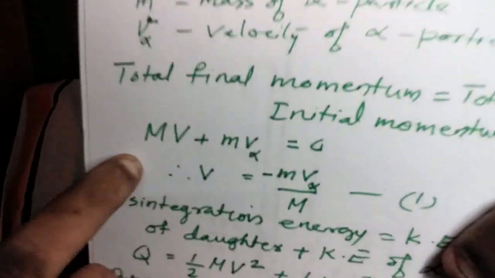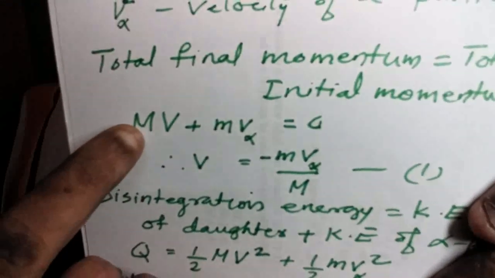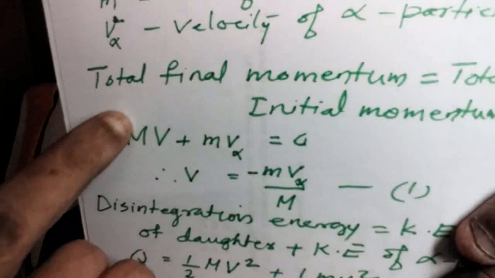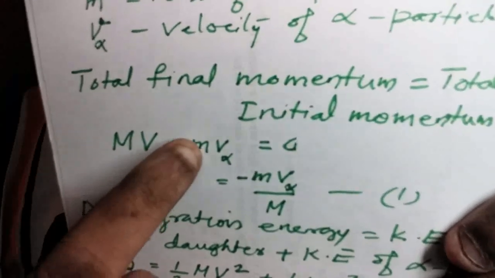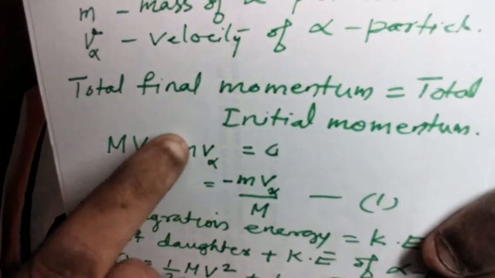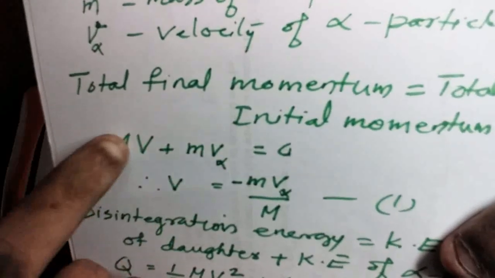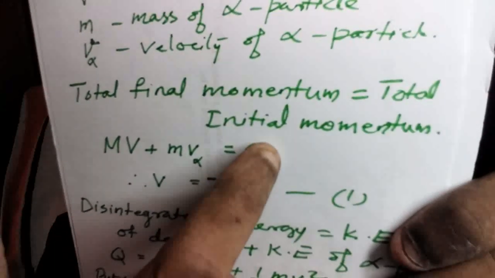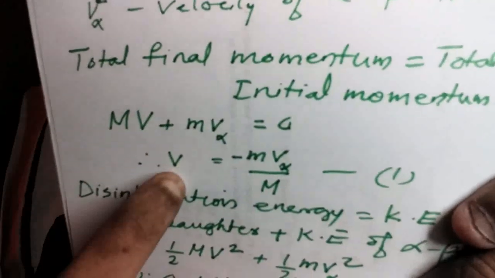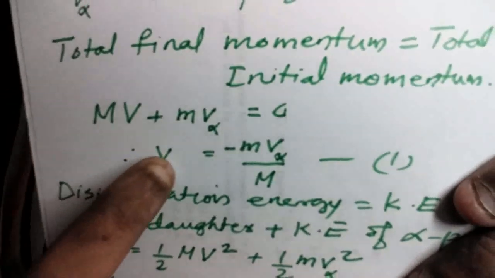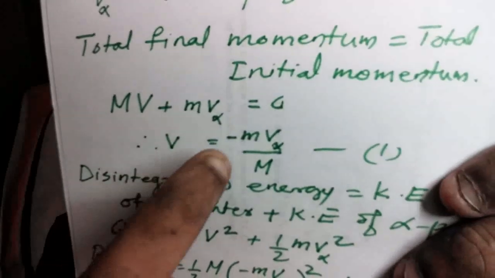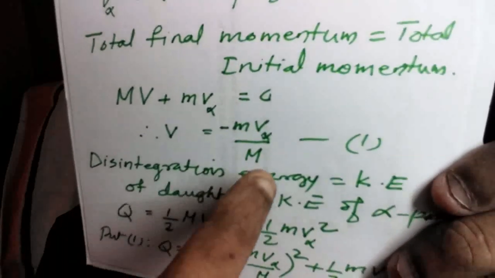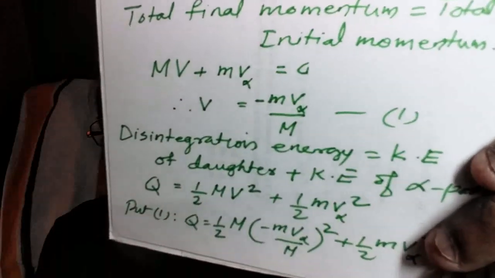So according to the principle of conservation of momentum, MV, momentum of the daughter, plus m V alpha, momentum of the alpha particle, must be equal to total initial momentum, that is 0, from which you can find the recoil velocity of the daughter. V equals minus m V alpha by M. Put it as equation number 1.